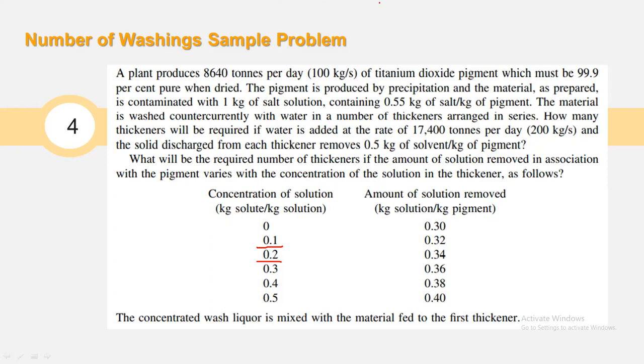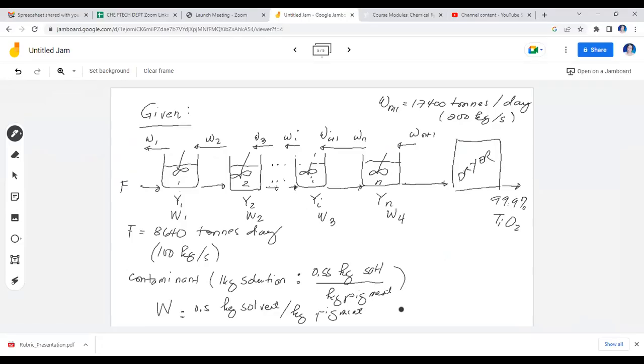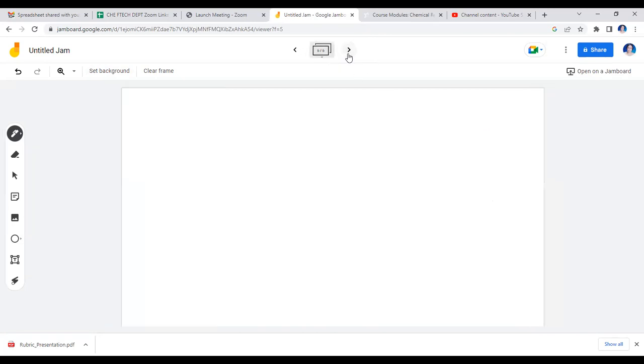Okay, so let me go back to our Jamboard. Okay, so this is our Jamboard, and this is for A. Removal of solution is not dependent on solution concentration. Letter B is a different story, so we'll just write B here so we can go back to it later. So you have here the concentration of solution.